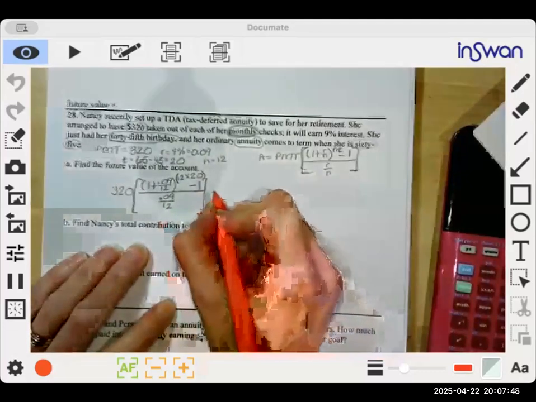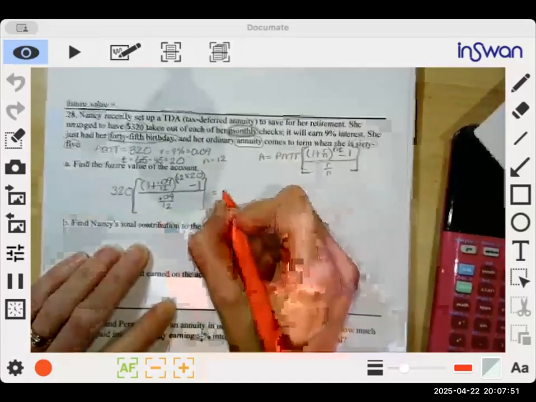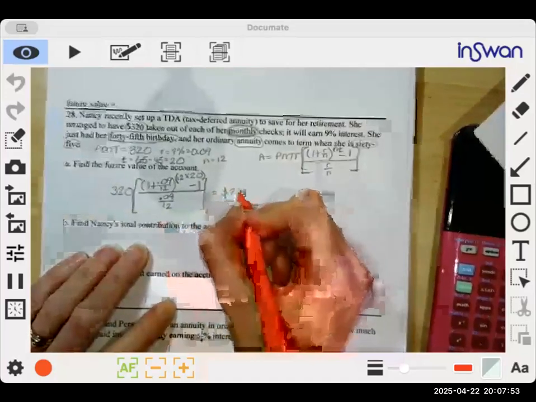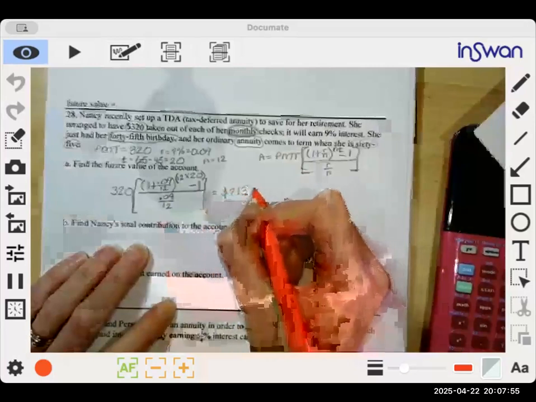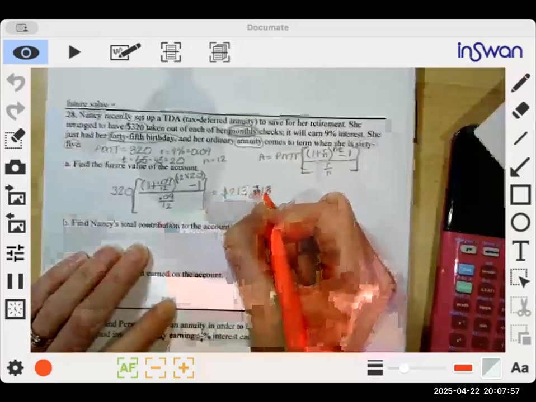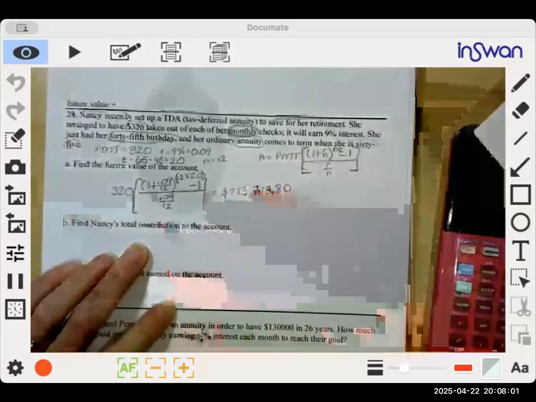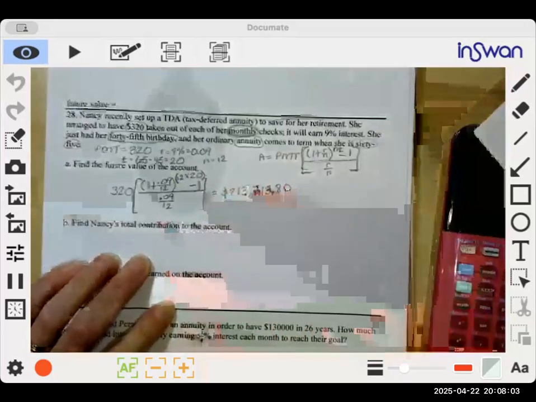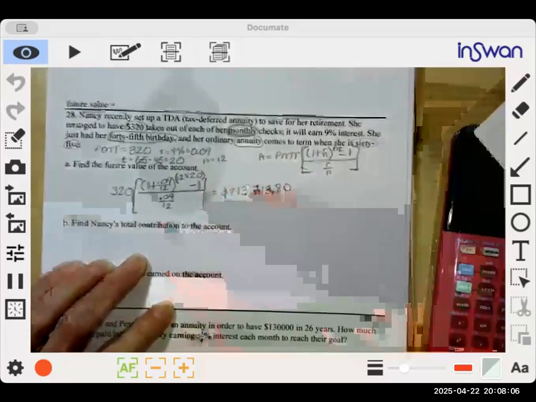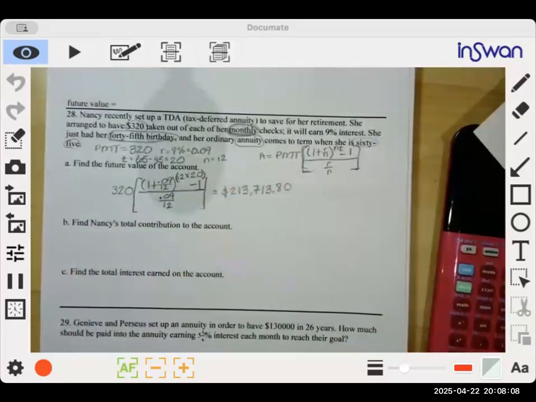So plugging this in, you get a rather large number. Now this is impressive. You'll have $213,723.80. Pretty nice.